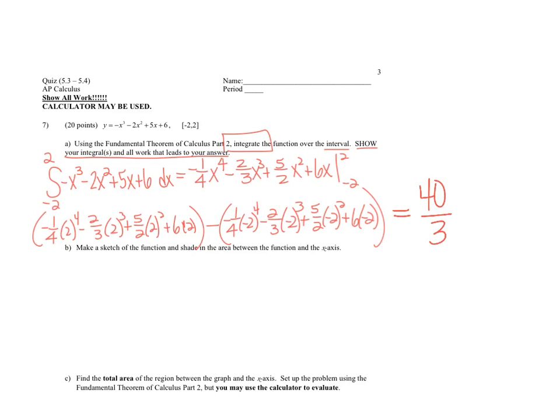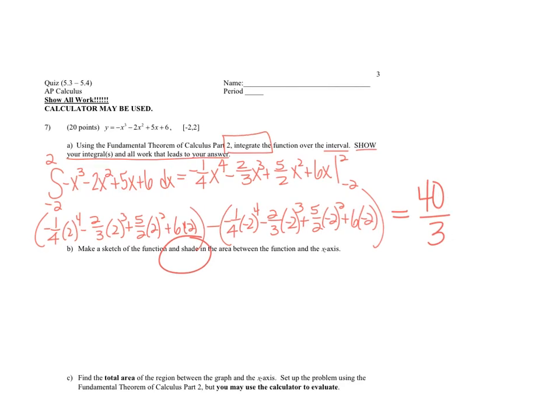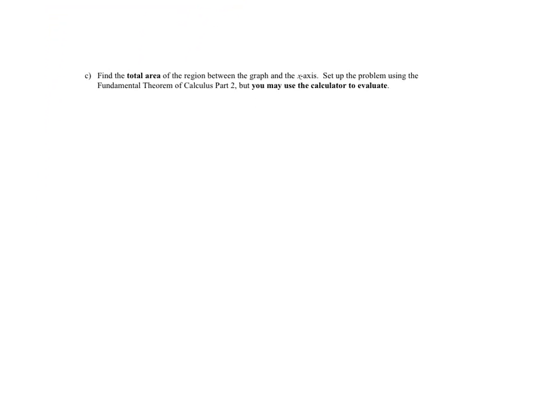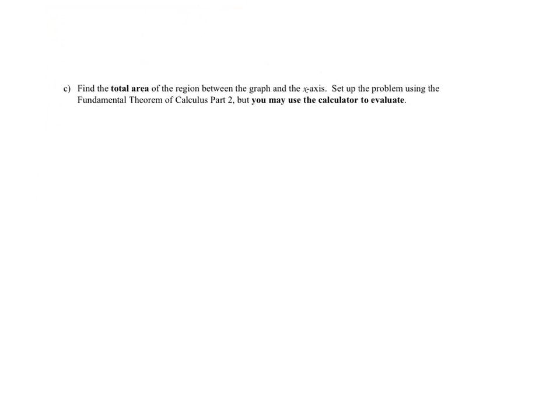Letter B, make a sketch. Almost all of you did this right. Somebody forgot to shade. You, again, read the dang directions. Letter C says, find the total area of the region between the graph and the x-axis. Set up the problem using your fundamental theorem of calculus part 2, but you can use your calculator to evaluate.